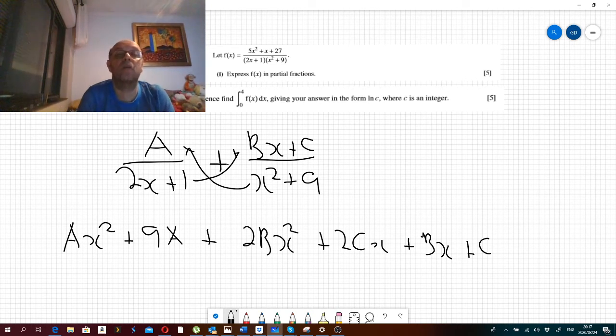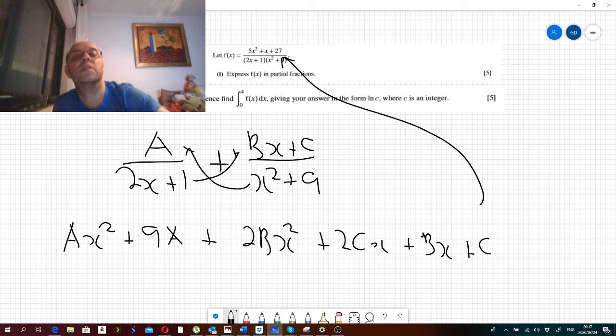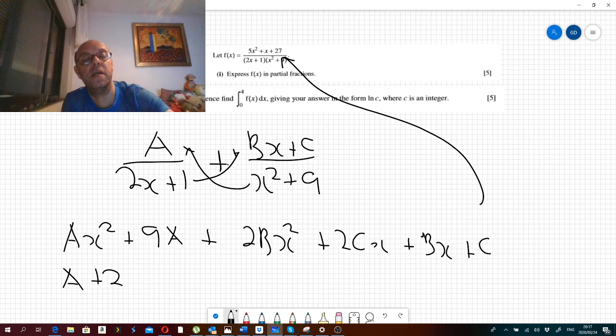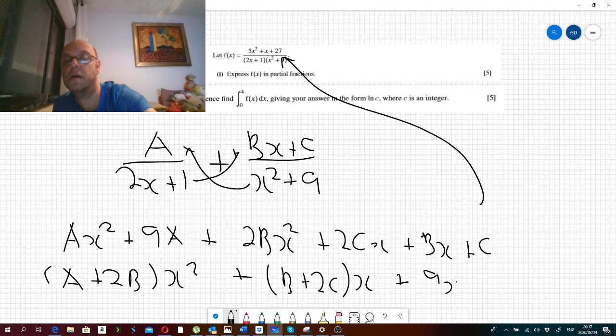Now, that being our top part of our function, that must equal the top part, the 5x squared plus x plus 27. So if I collate these terms, I get A plus 2b x squared, plus b plus 2c x, and then I get 9A plus c.